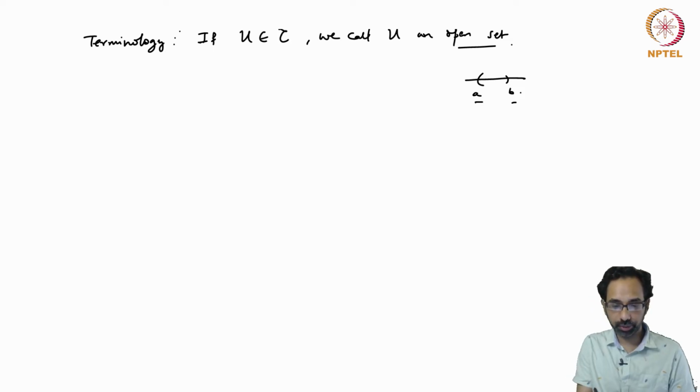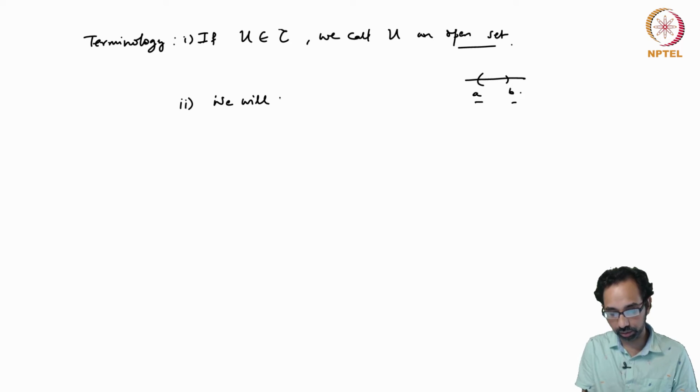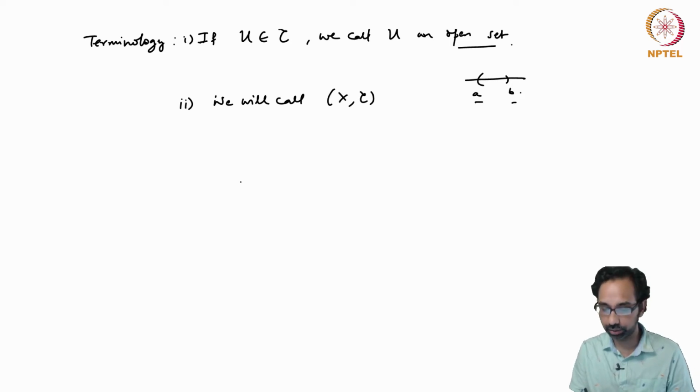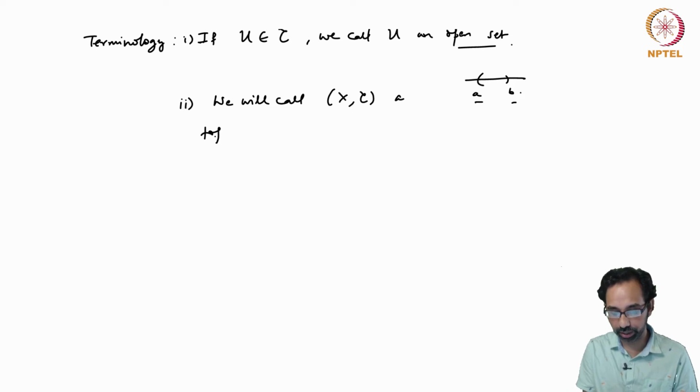Another terminology that we will use is that we will call the pair X along with this collection of subsets tau, the topology, a topological space.